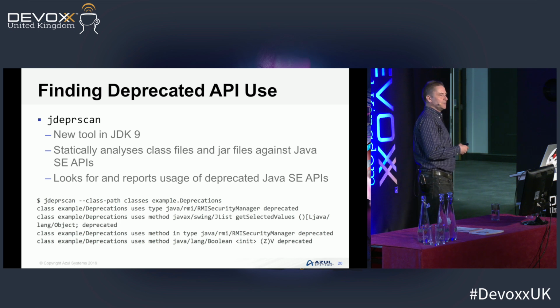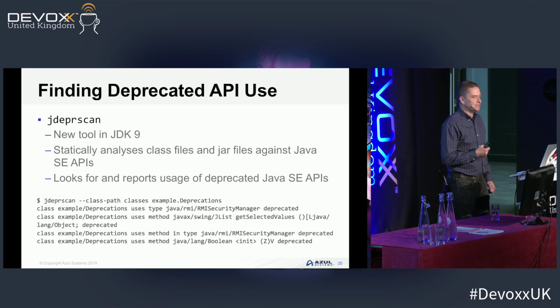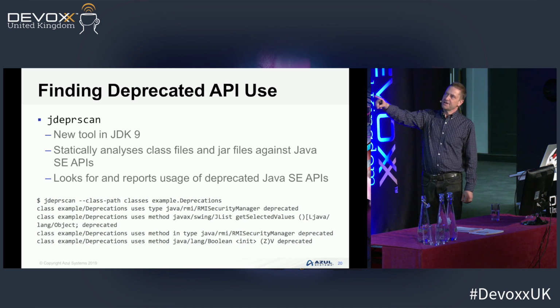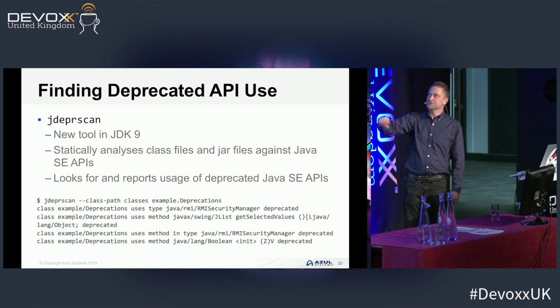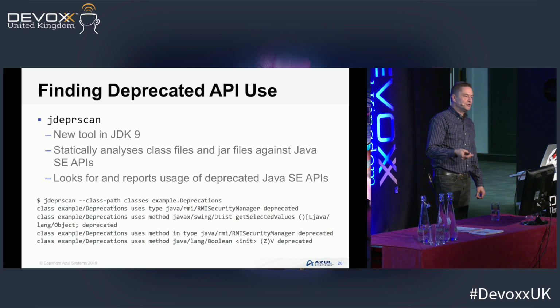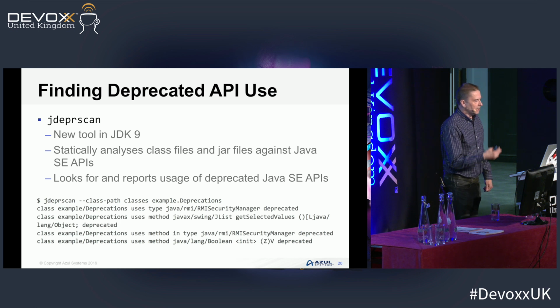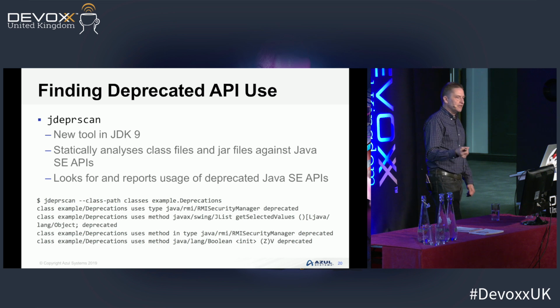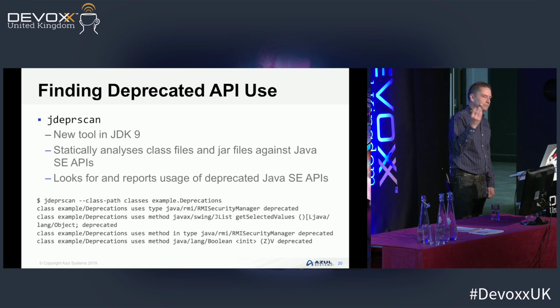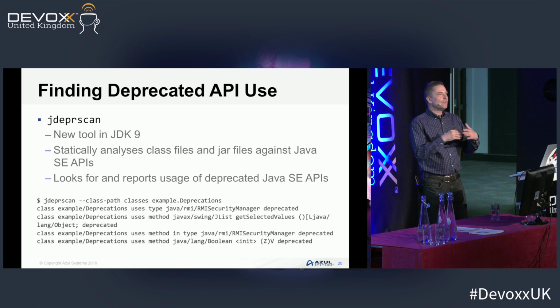So I created a very simple example where I used a bunch of deprecated things, and you can see the output of jdeps here, which says that I've been using the RMI security manager that's deprecated. As a class, I've got a couple of methods here that are being used, get selected values and things like that. So it gives you a report of things that you're using that are deprecated, and so then you can go and look at the code and decide whether you want to make changes or not.